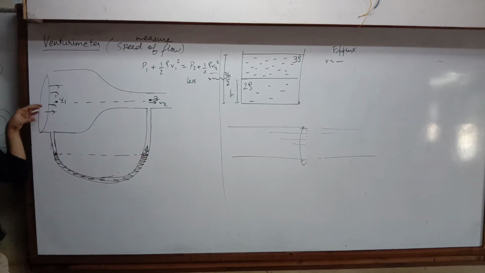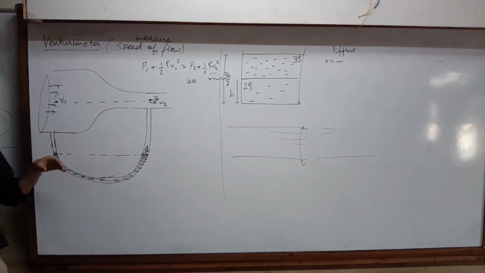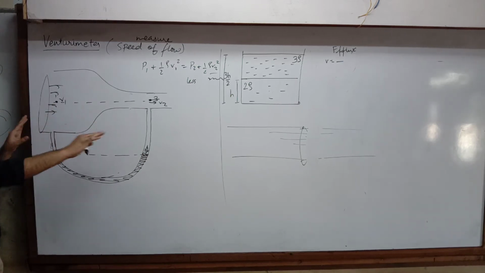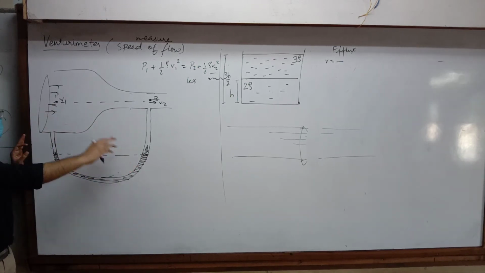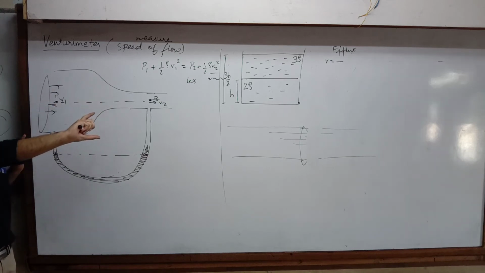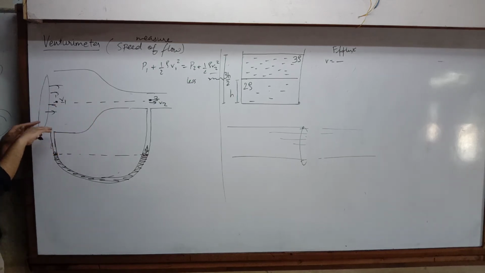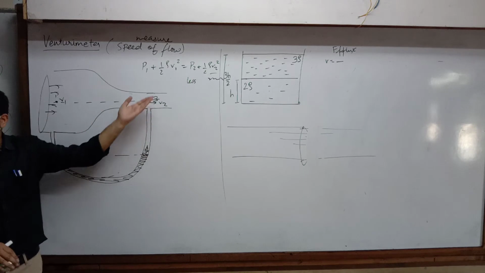The one below broader will go down. Make sense? And this one will go up. So when nothing is flowing, these are level. But when it starts to flow, this arm will go down and that one will go up.